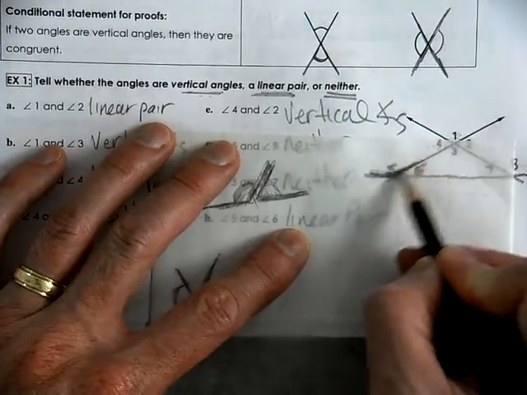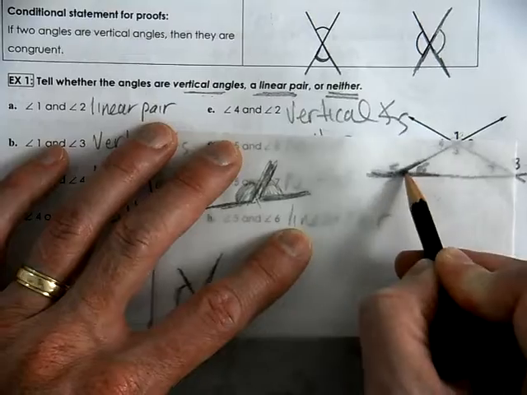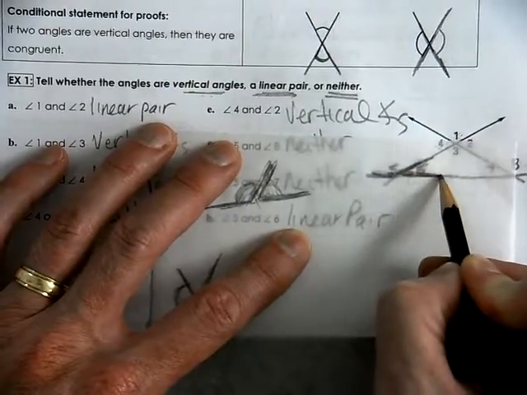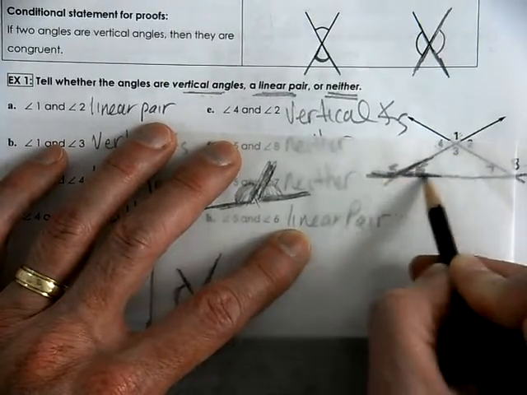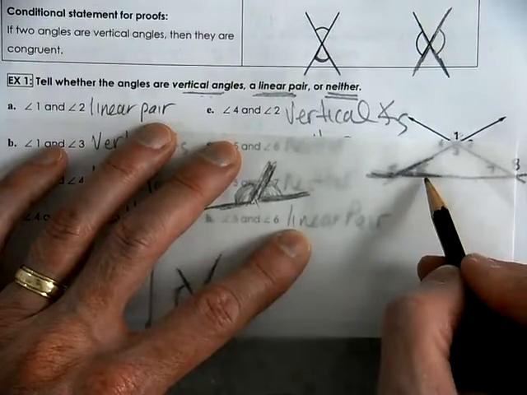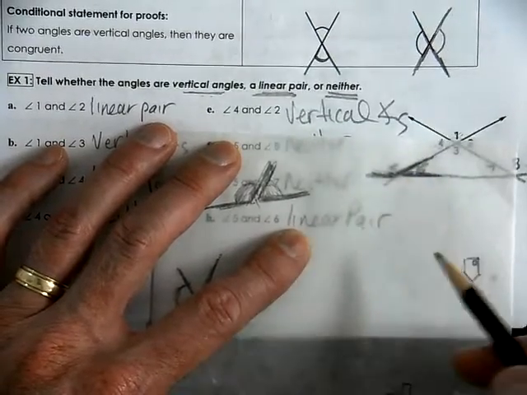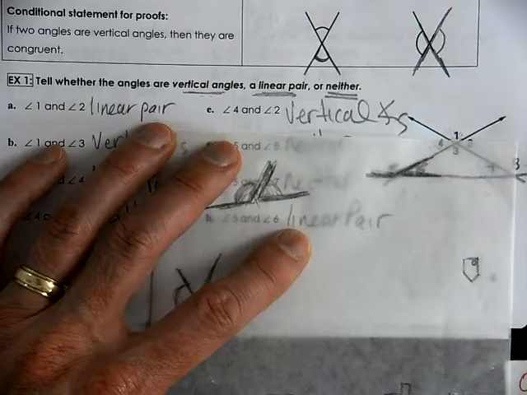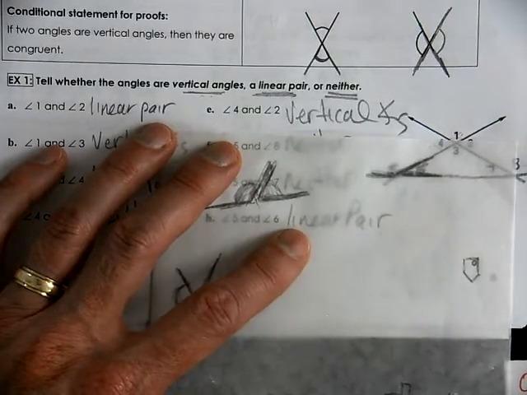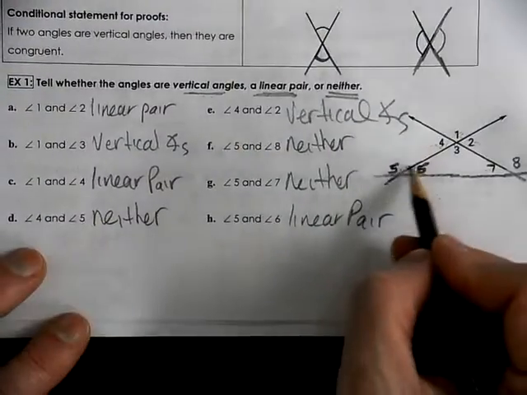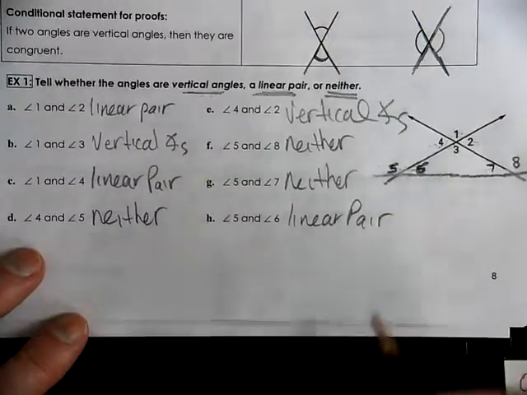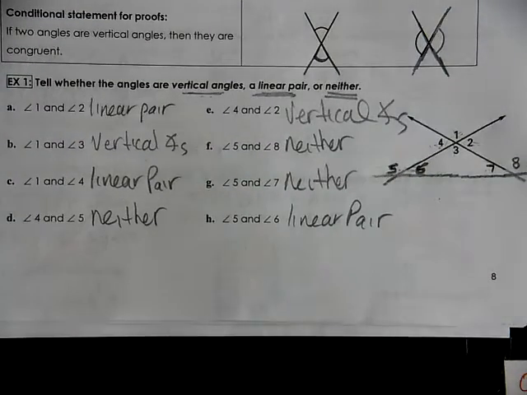And angle 6, notice how they don't make a giant X. They're almost making a T type shape, but this one's upside down. So those are a linear pair. They are side by side.